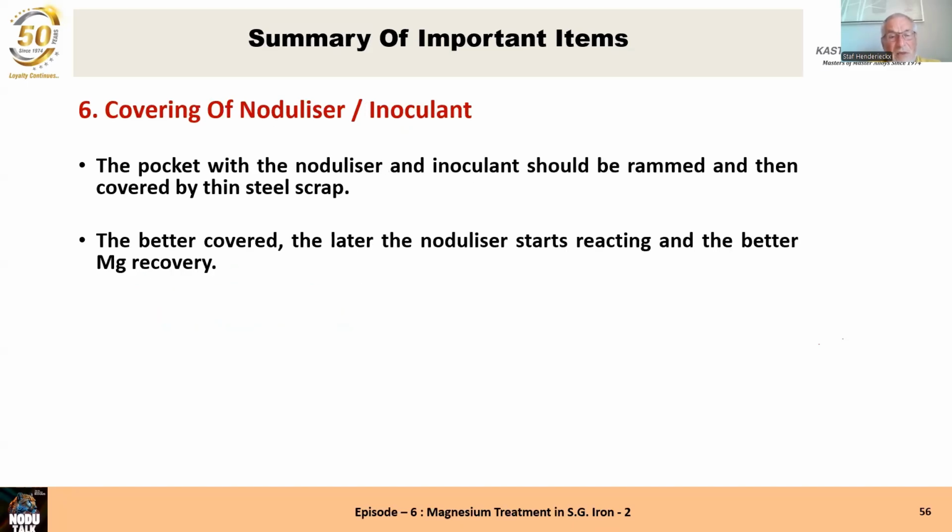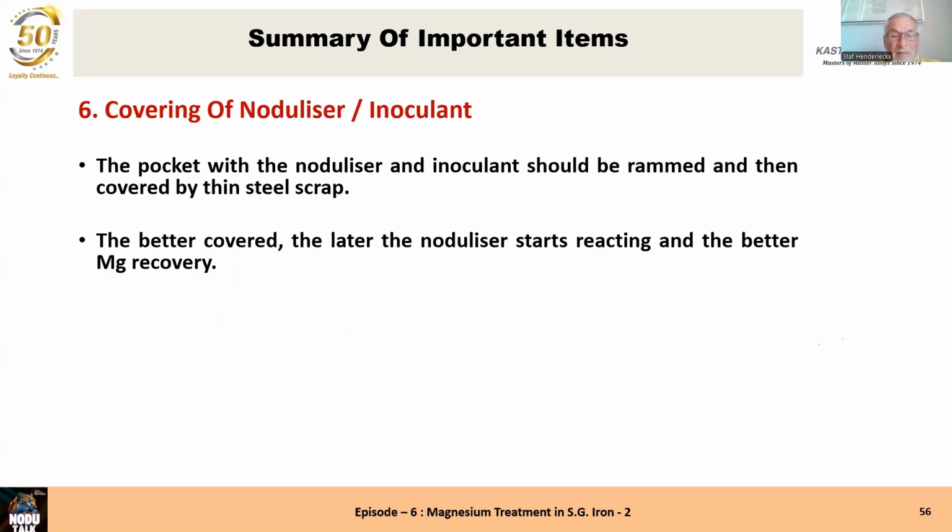Covering of the nodulizer and inoculant: the pocket must be as big that the nodulizer and inoculant are completely below the top of it, and it should be rammed and covered by thin steel scrap.